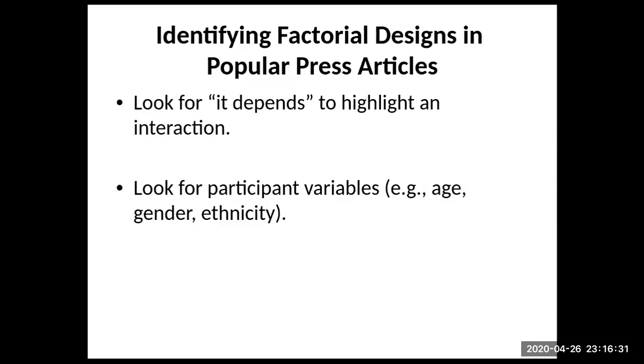And of course, you can look for those participant variables that are treated just like another IV: age, gender, ethnicity, height, eye color, things like that.